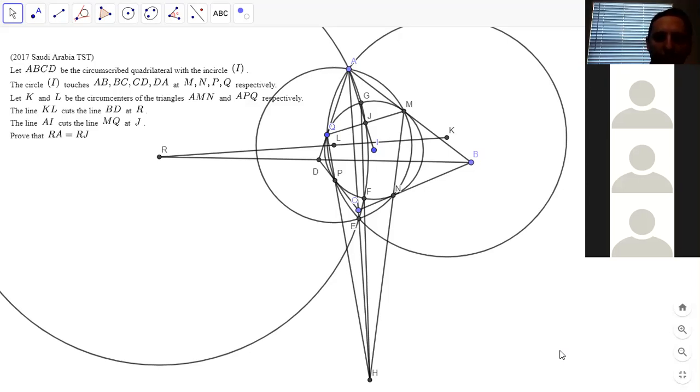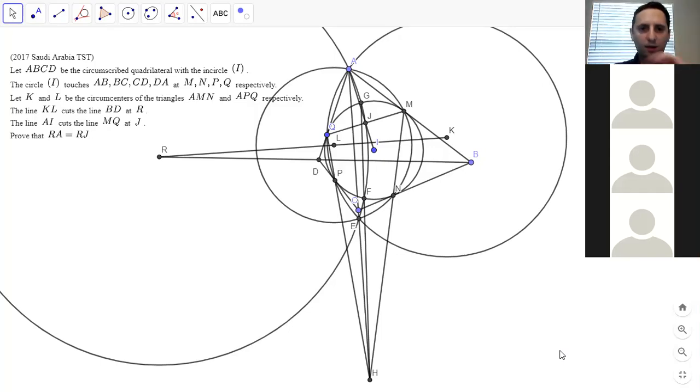Yeah, this looks kind of familiar, this problem. Not the exact problem, but like showing that RA equals RJ like this. Hmm. Yeah, this looks hard.